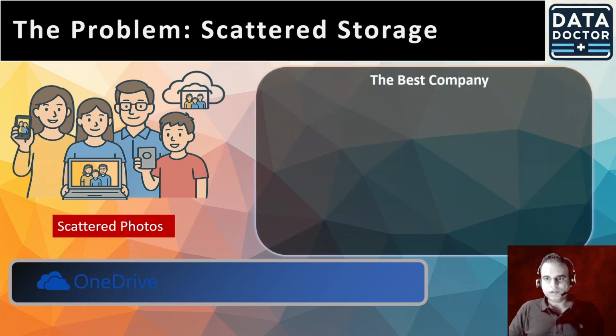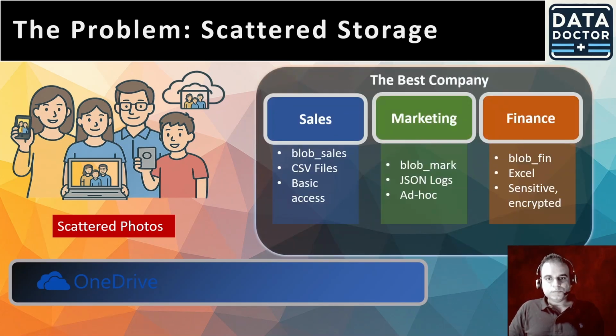Let's take an example of a company, the best company. In this best company, we have three departments: sales, marketing, and finance. Here you can see the sales is using a particular storage, blob storage called blob sales. The file format they are using is CSV files, and let's say that their authentication security is basic access.